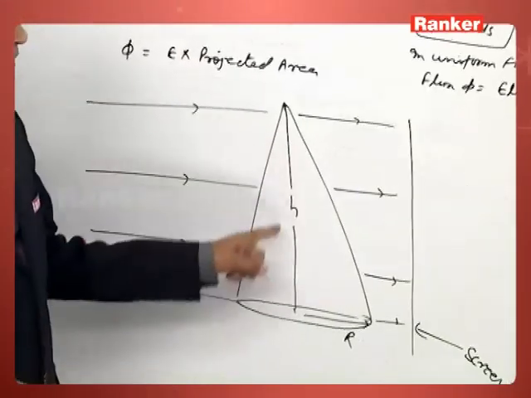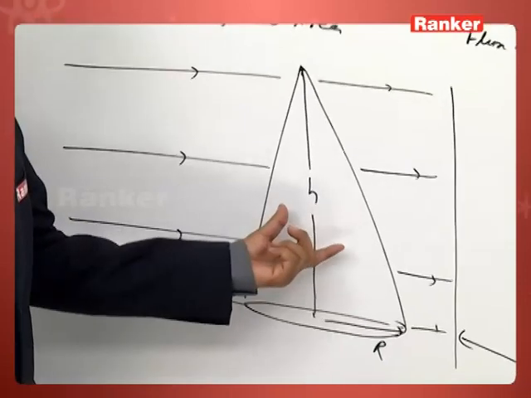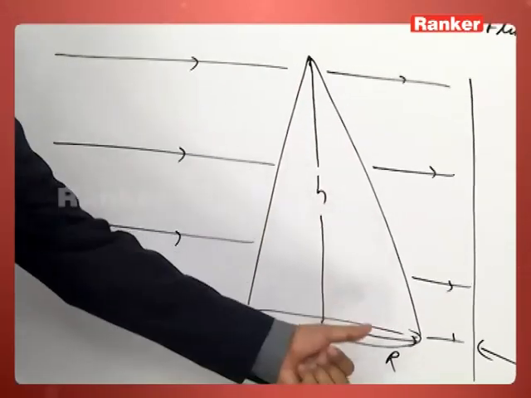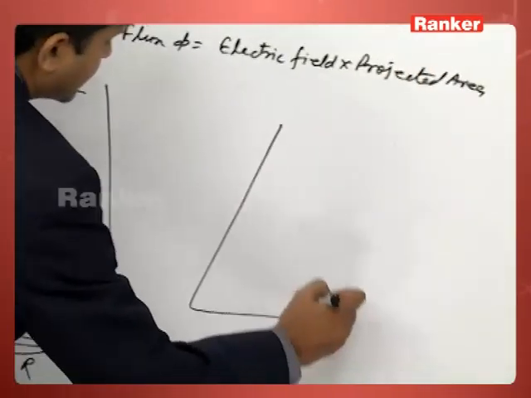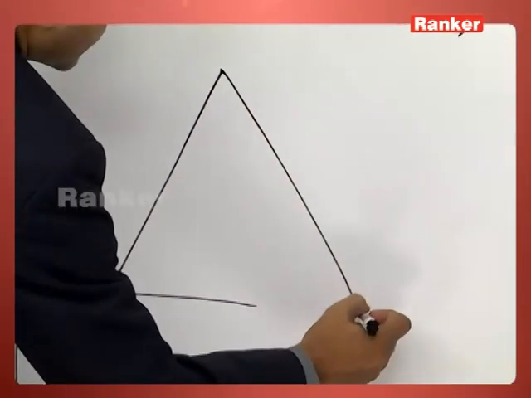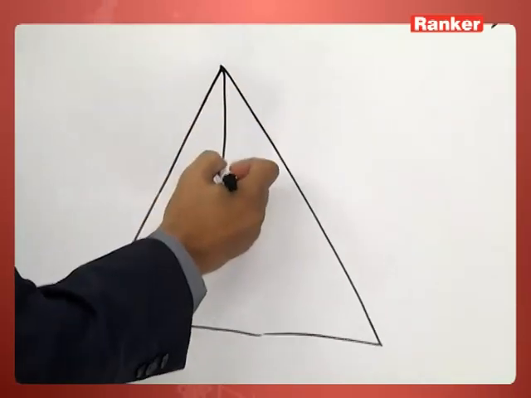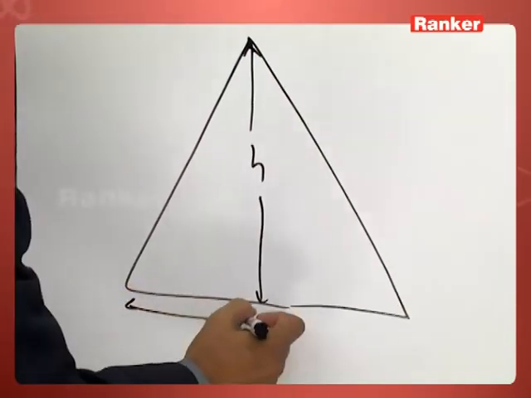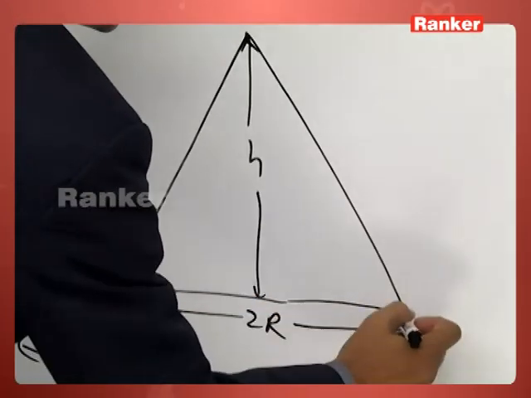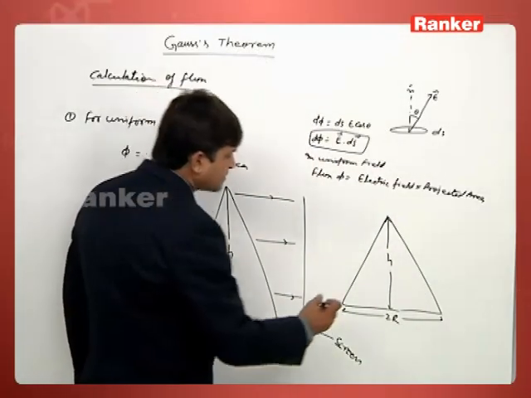We will get a triangle of height h and base 2r. This is the projected area.